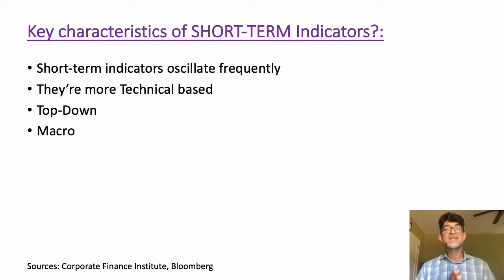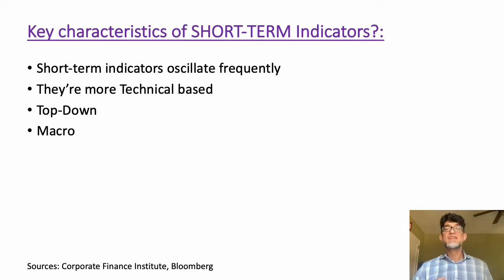So what are the key characteristics of short-term indicators? It's pretty easy, right? You know it when you see it, but sometimes it's better to just review it. Like you can see here, they oscillate, meaning they move up and down a lot. They're more technical based, and they tend to be more top-down oriented, right? They tend to look at the forest rather than the trees.